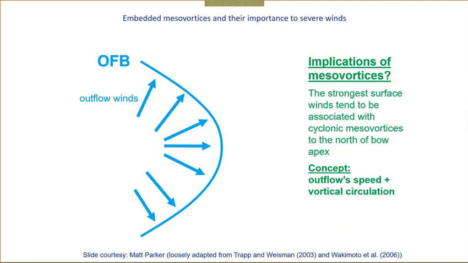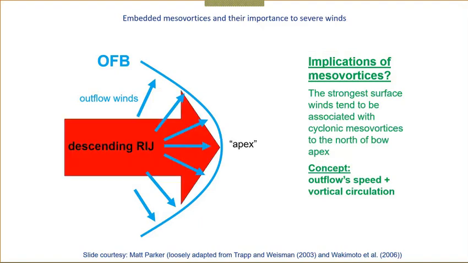And apart from that, on the mesoscale, when you zoom in, you can sometimes see some extra rotation points on the edge of the outflow winds with the environment. Those mesoscale vortices can also produce an extra amount of wind. Especially on the northern part of the so-called bow echoes, you can find the most aggressive mesovortices.